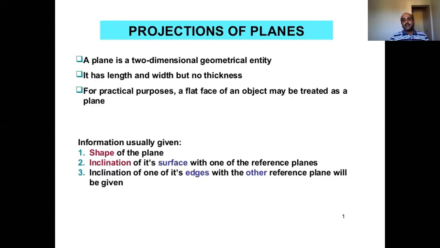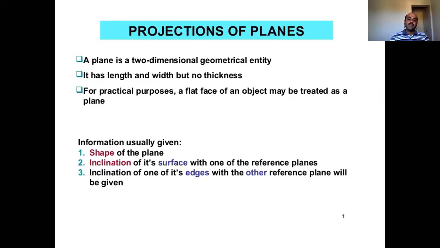A simple example: if you keep a triangle or a rectangle or a square or whatever it might be in the first quadrant, and you observe it from the front from an infinite distance, the image it forms on a vertical plane, which is kept perpendicular to the direction of your view, we call it a front view.